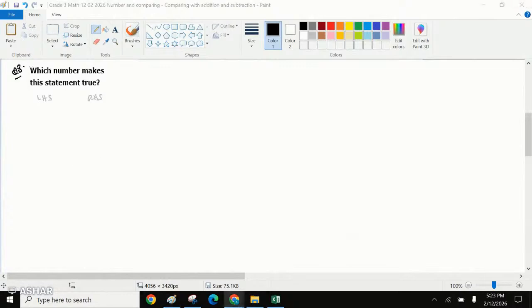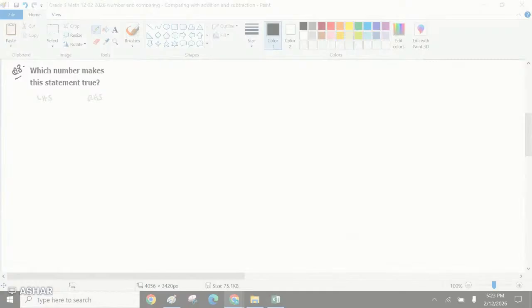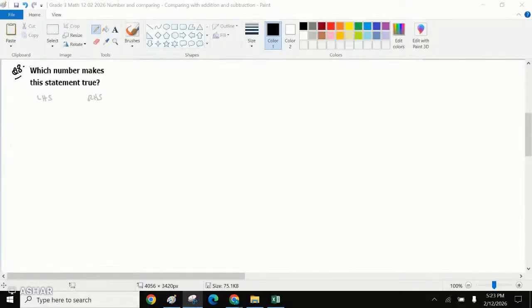Okay, let's have the values. They're saying 9 plus a number should be greater than 12. What do we need to add to 9 to make it greater than 12? A number needs to be added to 9, right? To make it greater than 12.